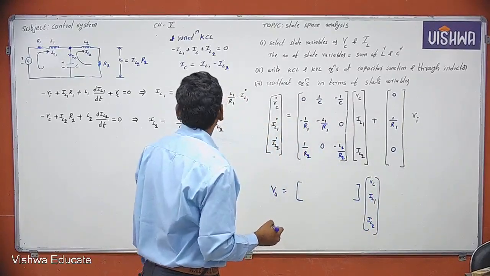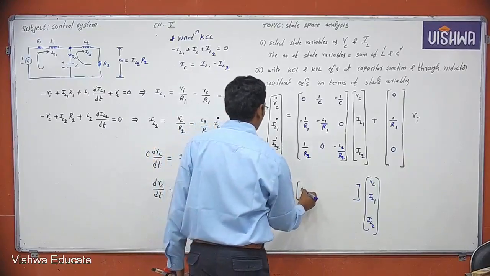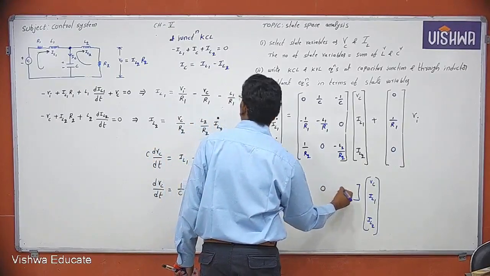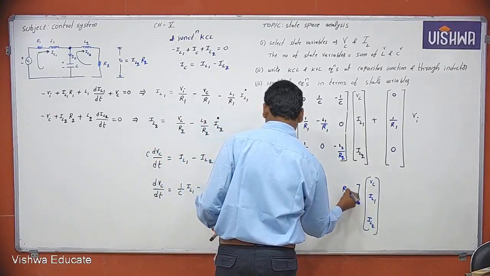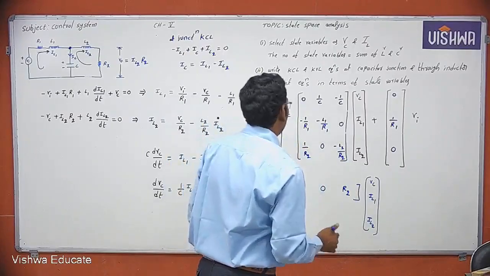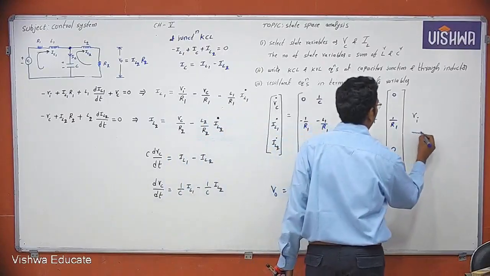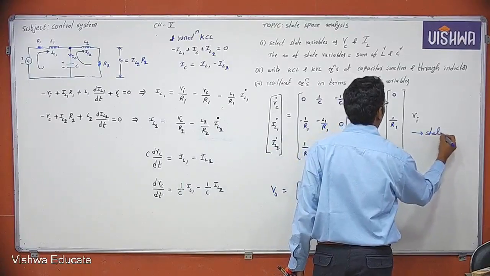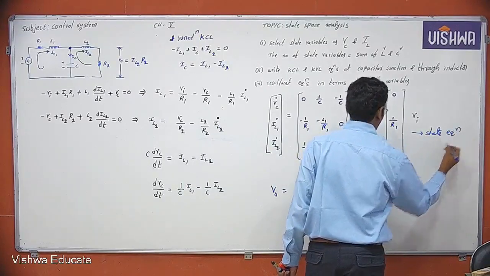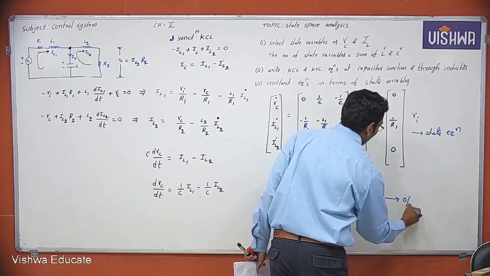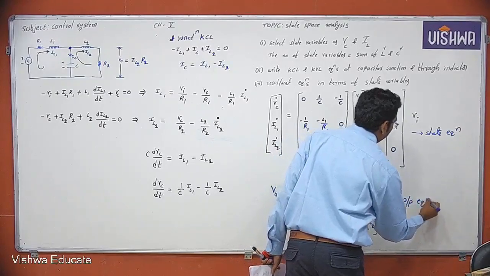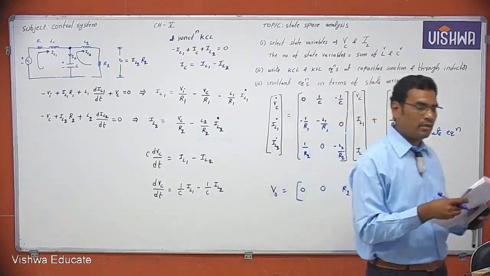Now V naught in terms of Vc is 0, IL1 is 0, IL2 is R2. Okay. Now this is the state equation, and this is the output equation. So this is the state equation and output equation. Note down.